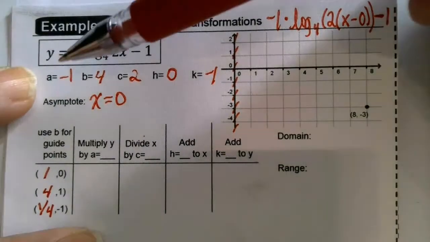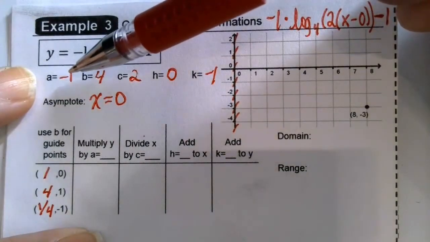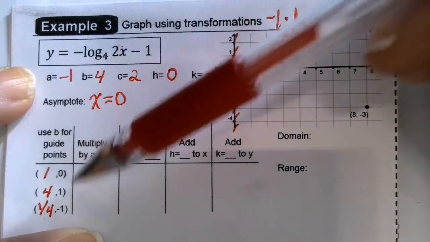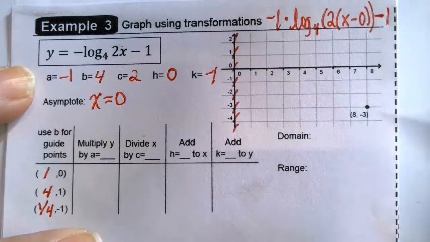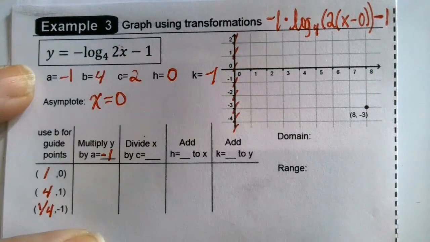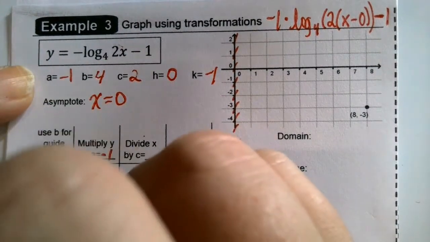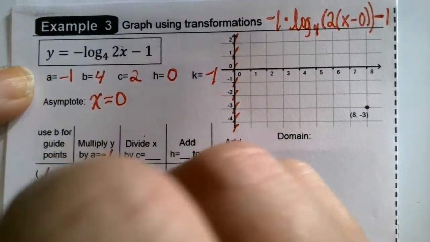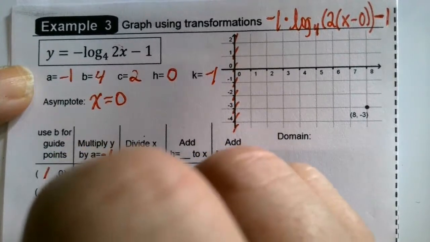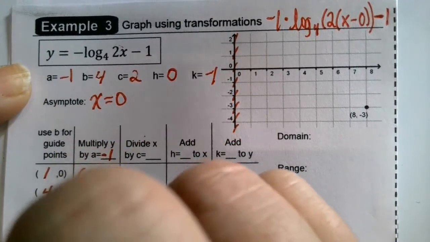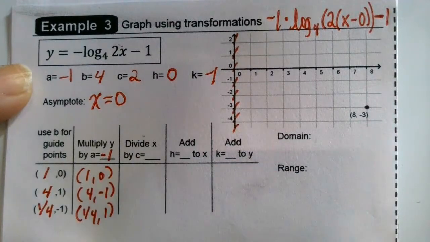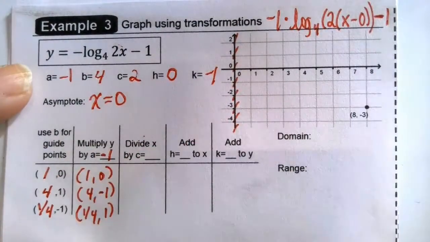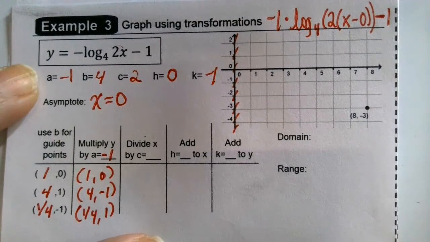Then we're going to take care of this reflection in the x-axis by multiplying each of these y values of our anchor points by the a, which is -1. So we'll have the points 1, 0, 4, -1, and 1/4, +1, because each of our y values is going to change to the opposite sign.